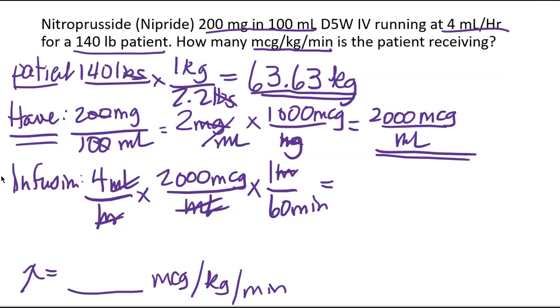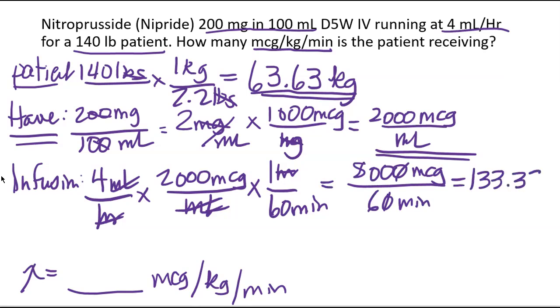We have 8,000 micrograms over 60 minutes. We cross out one zero here, and we got 800 divided by 6. And 800 divided by 6 is 133 forever, so that's equal to 133.33. So that's micrograms per minute.